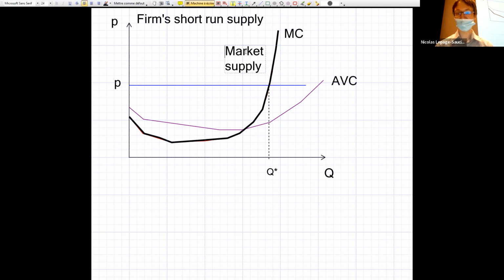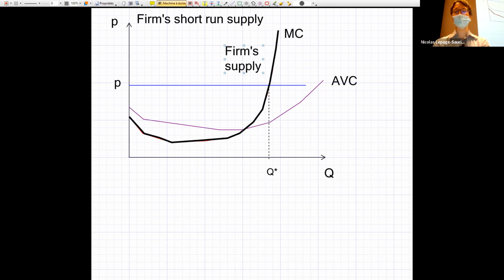Or rather the firm's supply. Is it all right or not? What do you know about the supply curves? Yes, they slope upwards. Thank you. Thank you for being here and answering my questions.